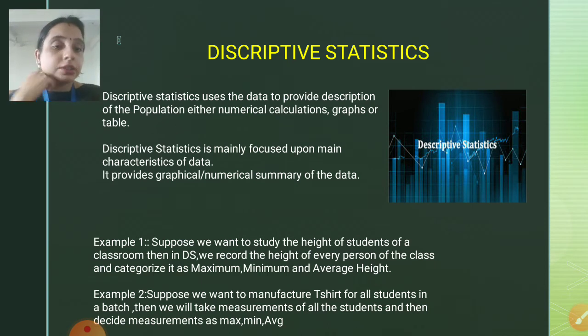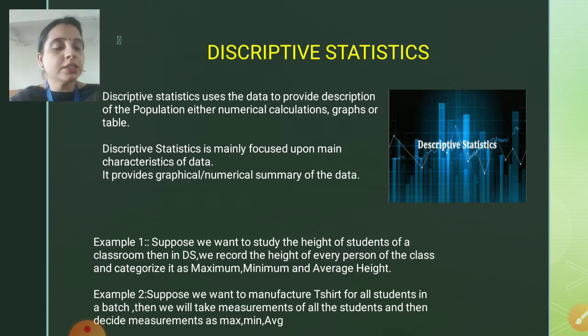Now the question also arises about the size. So in case of descriptive statistics also, I need to take the measurement of all my 15 students, for example sizes 40, 42, 45, 46.